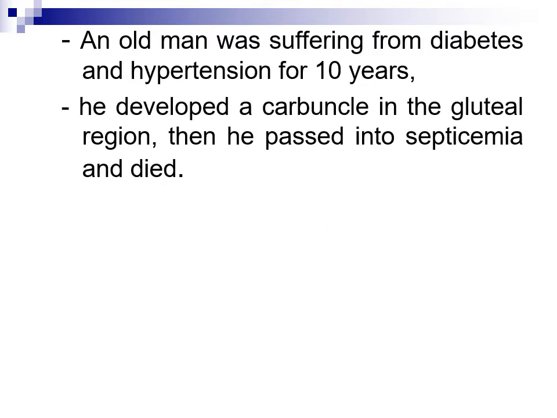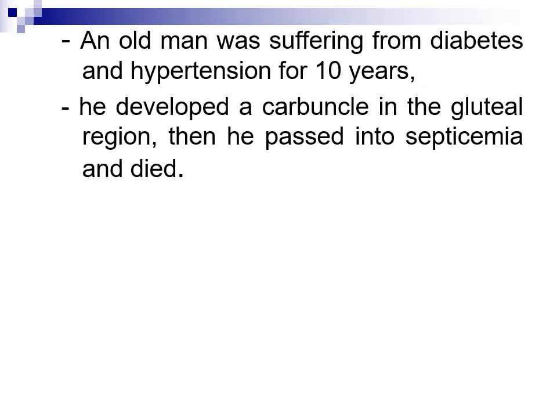An old man was suffering from diabetes and hypertension for 10 days. He developed a carbuncle in the gluteal region. Then he passed into septicemia and died. So the immediate cause of death would be septicemia. What is the cause of septicemia? A carbuncle in the gluteal region. What is the cause of carbuncle?